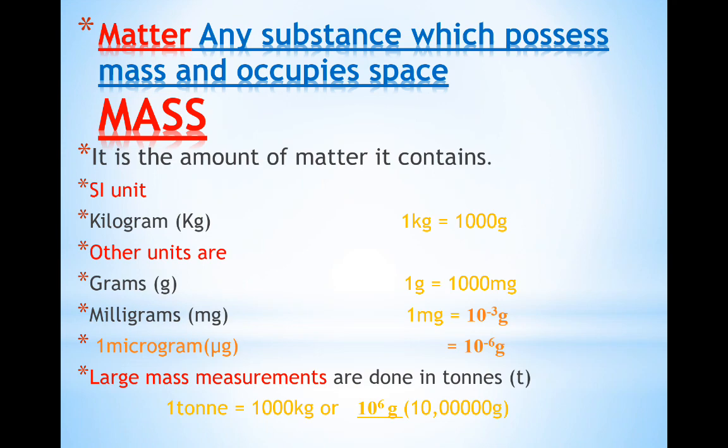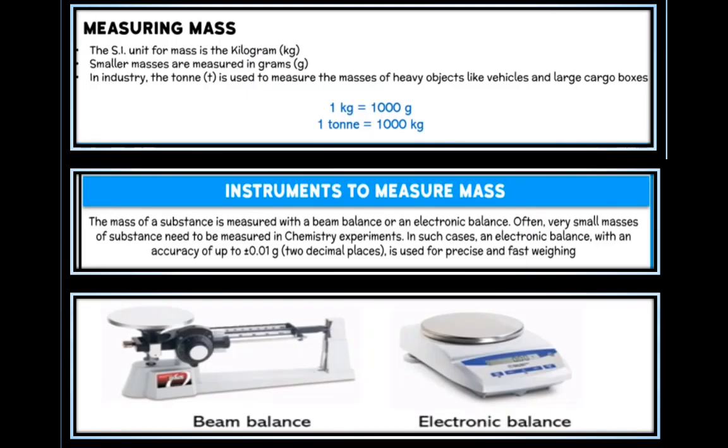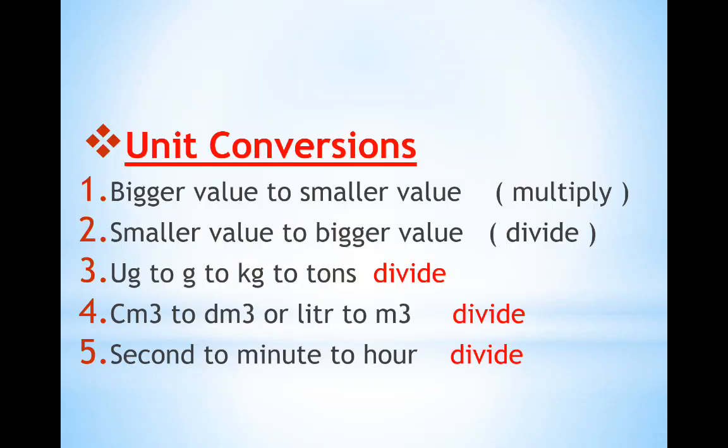Other units include grams, milligrams, micrograms, etc. 1 kg of mass equals 1000 grams, and 1 ton equals 1000 kg. And the instruments we use to measure mass are the beam balance and electronic balance.